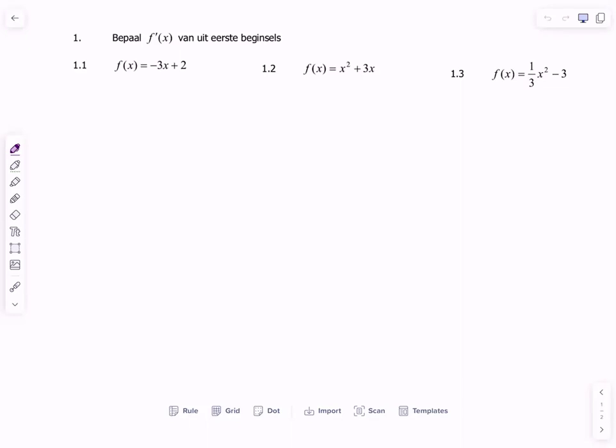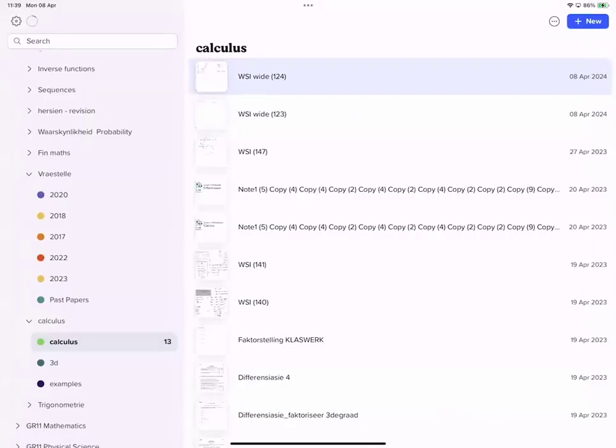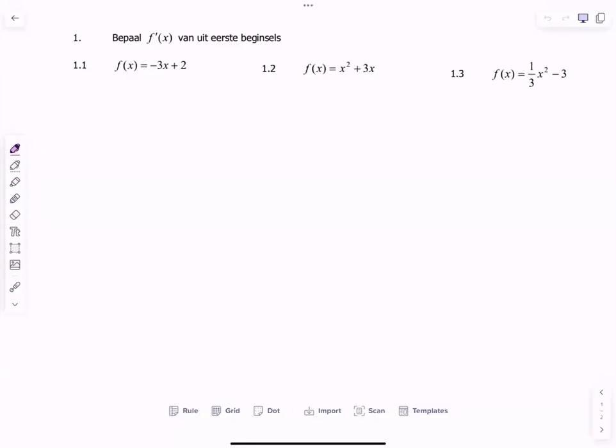And then when must I do this, sir? For next week Monday or for tomorrow? Whenever. Okay, I'll have a look at them and see if I can get them done then.